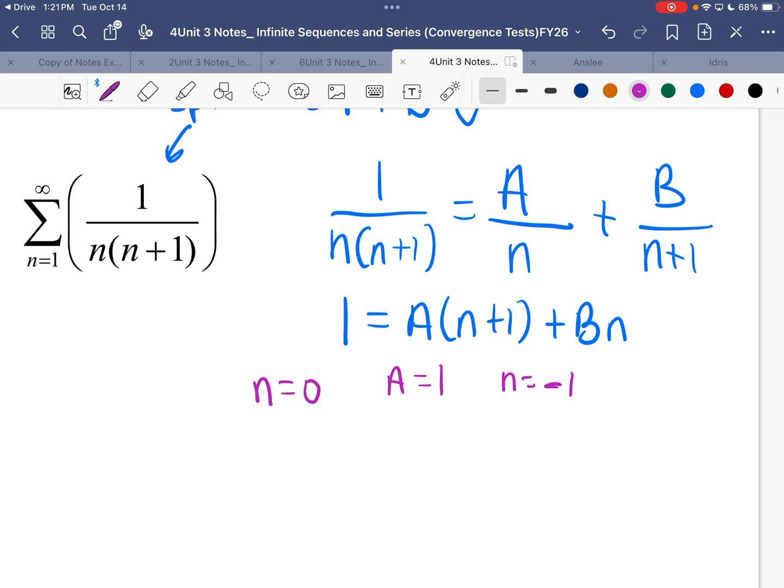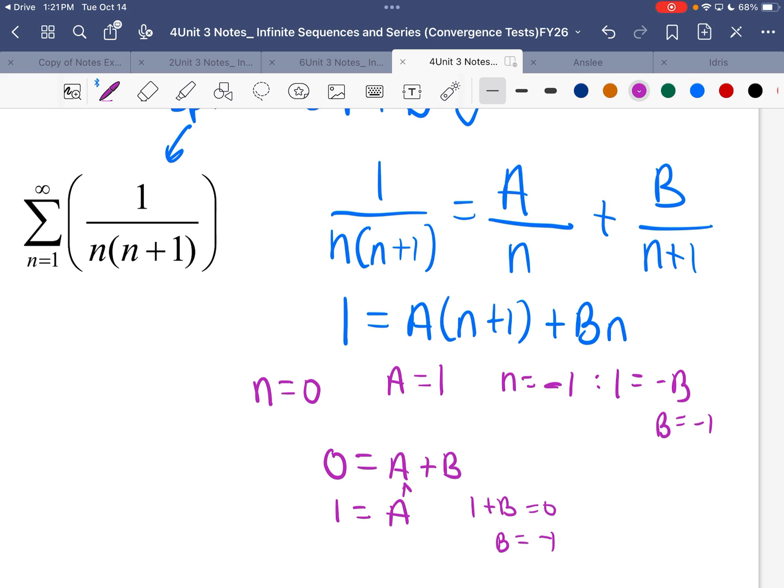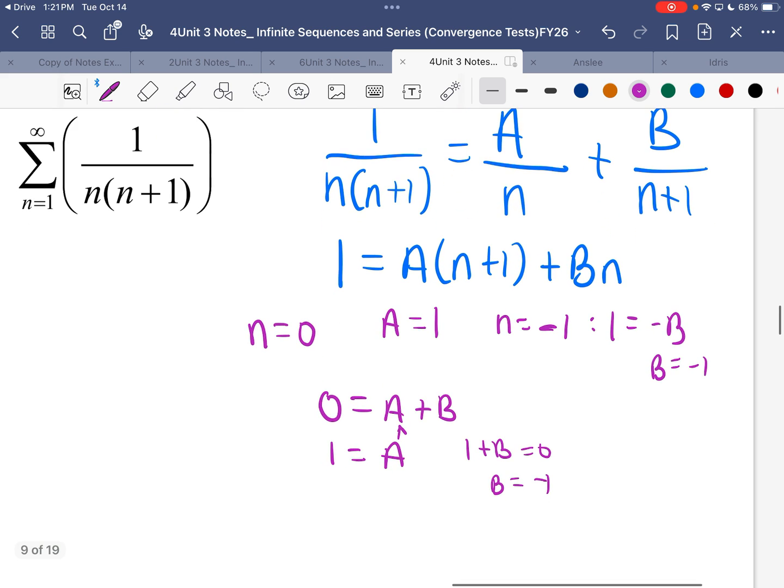Then you'd have 1 is equal to negative b, so b is equal to negative 1. That is one way to do it, or you would have said 0 is equal to a plus b, and 1 is equal to a, so that means b is equal to negative 1. Either way, I don't care. Just get it right, okay?